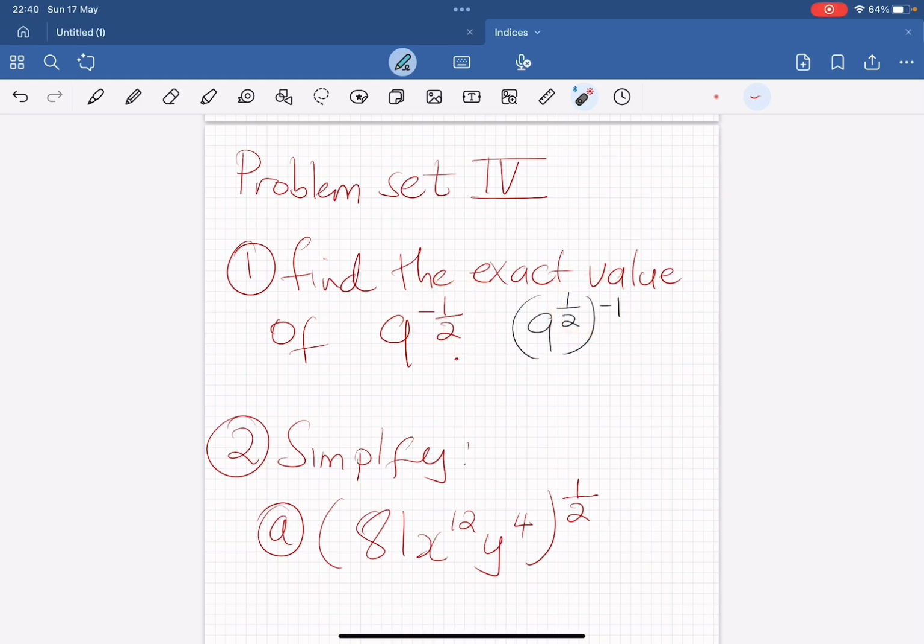And then we all know that 9 to the power half is more like the square root of 9. The square root of 9, we all know it's 3, to the power negative 1, all of which is 1 over 3.